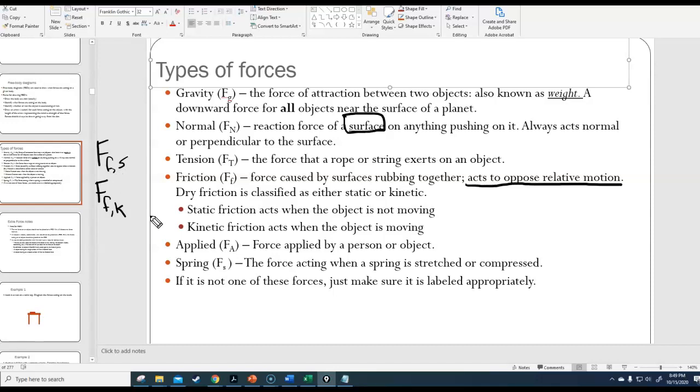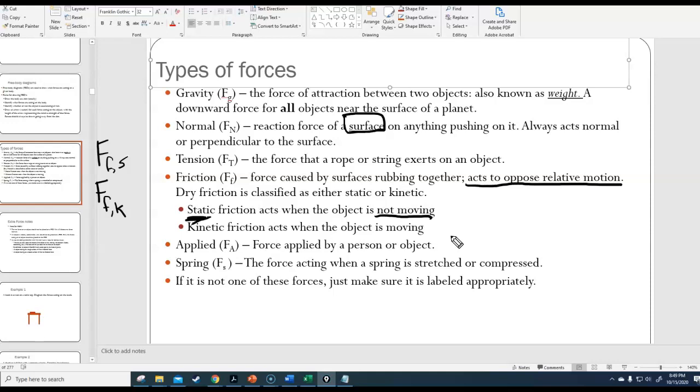Now, what's the difference? Well, if you push on something and it doesn't move, it's probably being acted upon by static friction. Static means not moving or not changing. So you have static friction when the object is not moving. Let's say there's a really heavy box outside. I push it, I try to move it, but it's so heavy that it doesn't actually move.